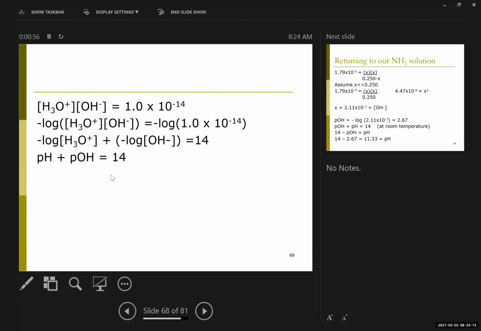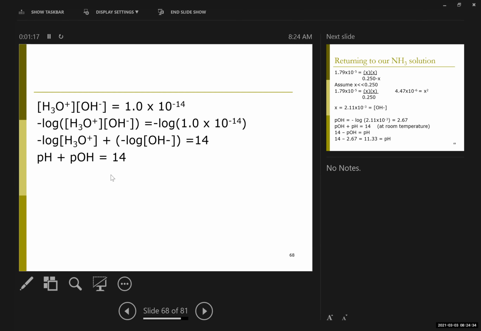If I have another acid in there, the amount of hydronium goes up because of the other reaction, and that forces the hydroxide to go down. On the other hand, if I have another base present like the ammonia, the hydroxide goes up, which forces the hydronium to go down.